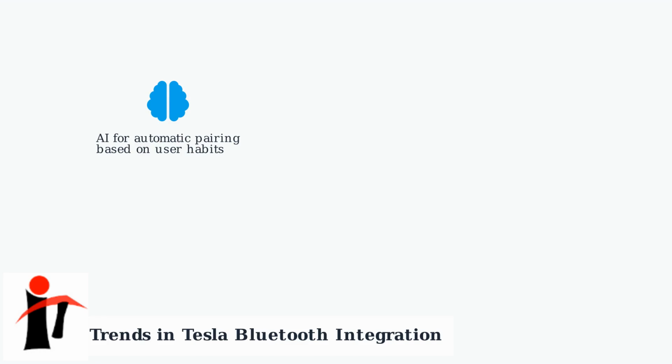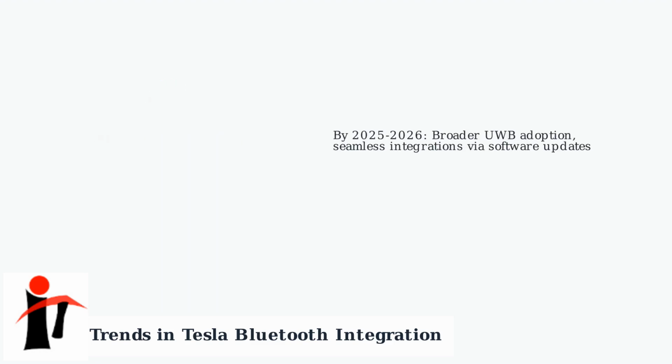This builds on current optimizations that reduce battery drain and improve stability. By 2025, future software updates could make these integrations even more seamless, with broader UWB adoption across all models, potentially phasing out Bluetooth-only keys for added security. Industry trends point to fully wireless ecosystems with minimal user intervention.